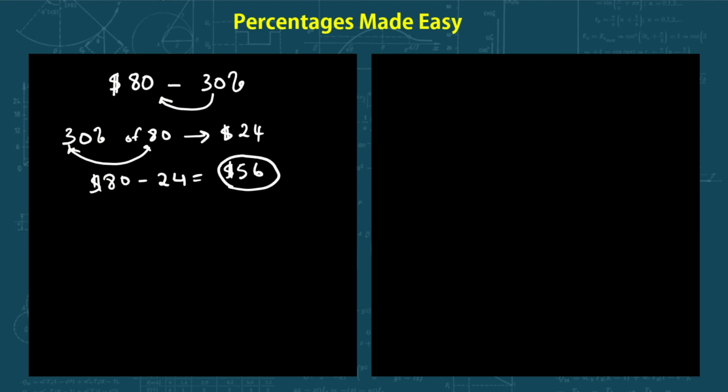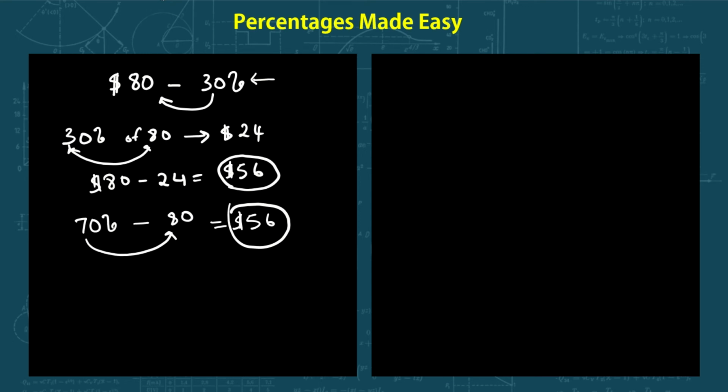Method 2 would be, since you're getting 30% off, we only have to pay 70%, 100 minus 30, 70% of 80. And we just multiply 7 times 8. We get 56. And we get the cost of your item. You can do it this way or this way.